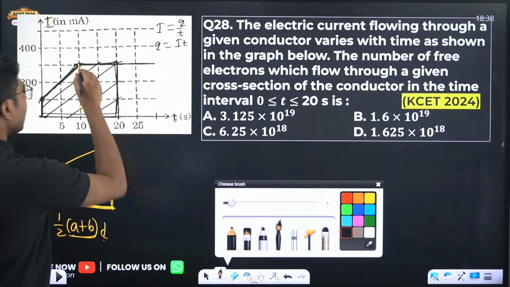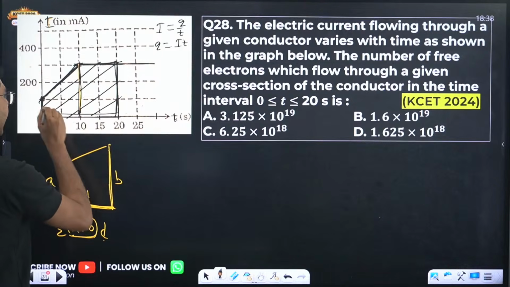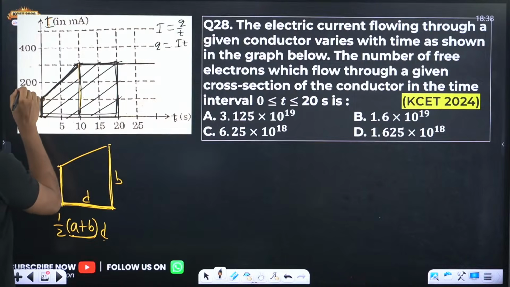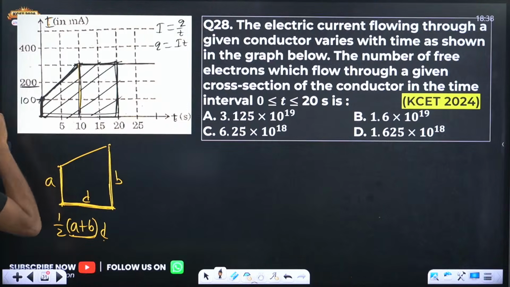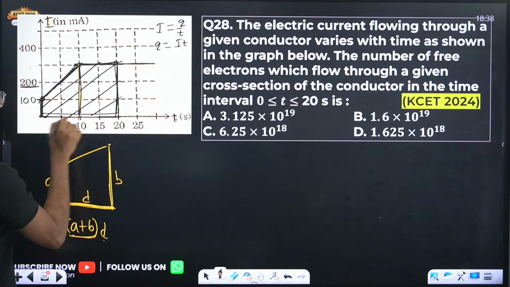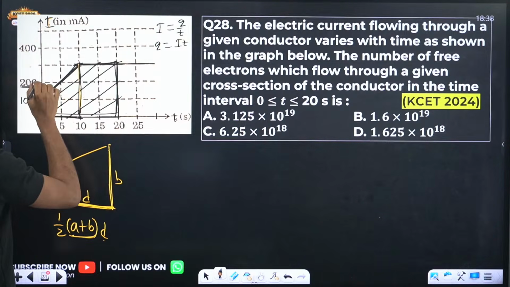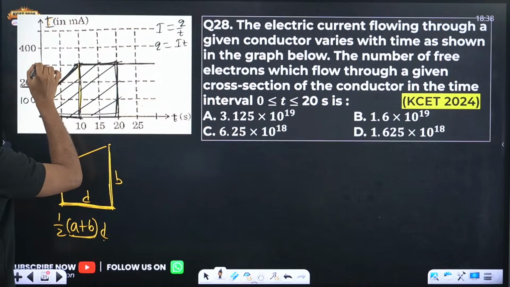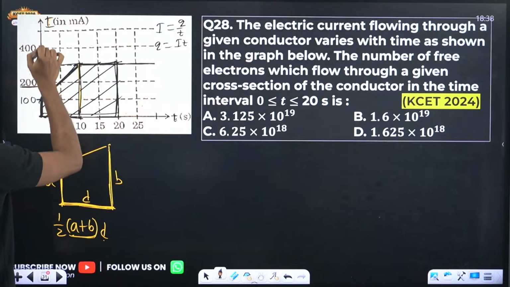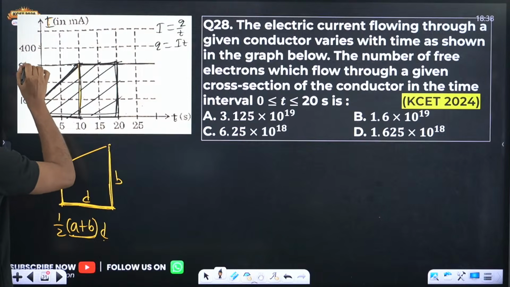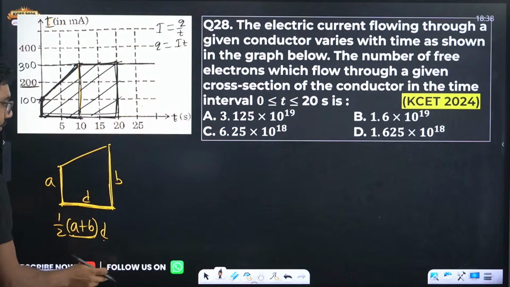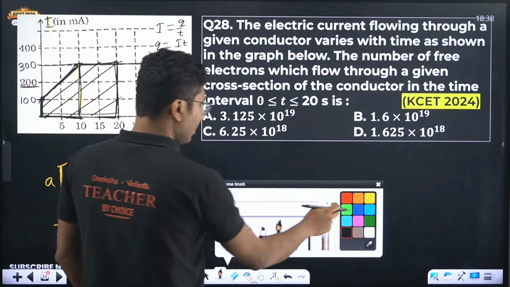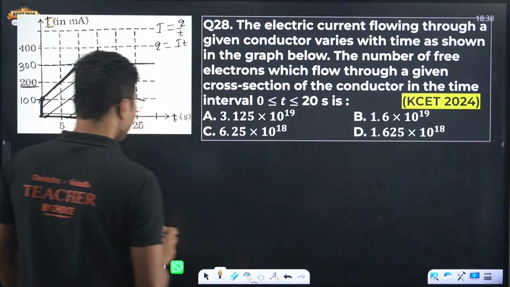Okay, so this one having a side here, so this is 200, this is half of that, that means this must be 100. Okay, this is 5, this is 10, so this distance is 10. Okay, this is 200, that is between 400 and 200, so this must be 300. Okay, this distance is 10. So we will calculate the total area. Again, it's an easy question but slightly lengthy.